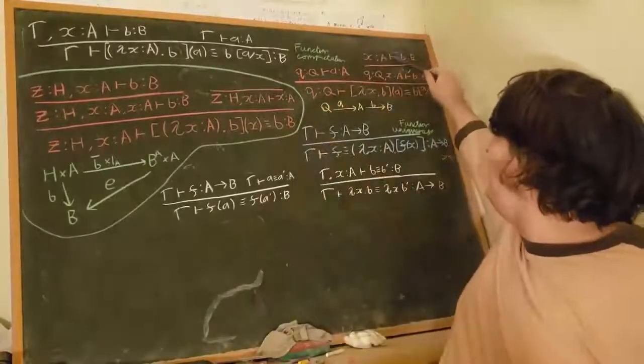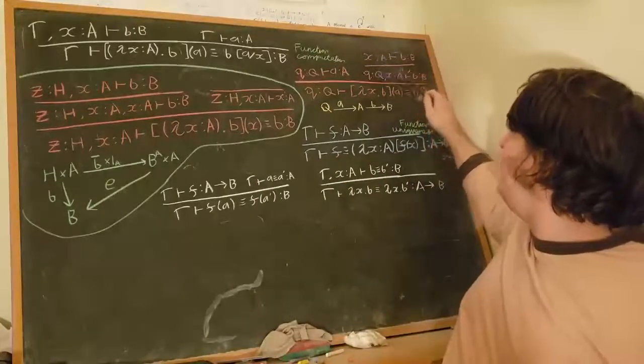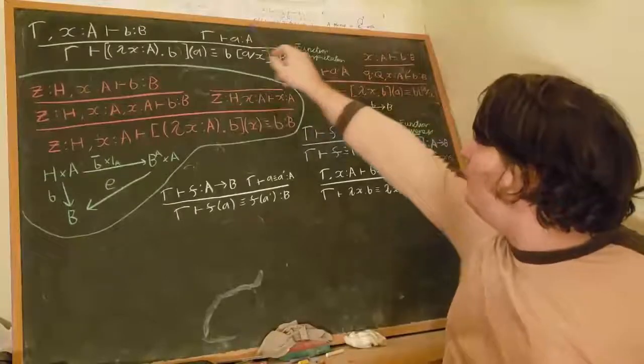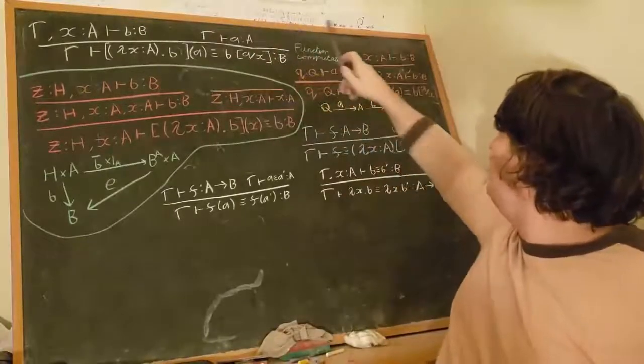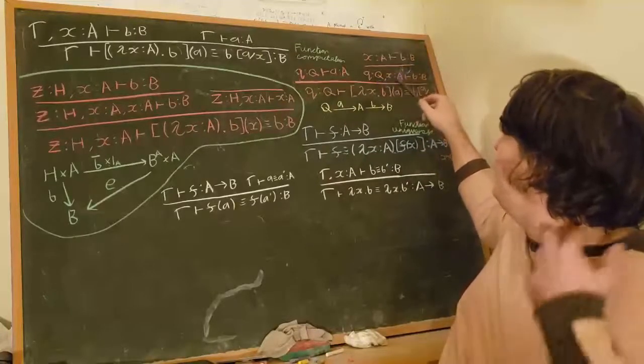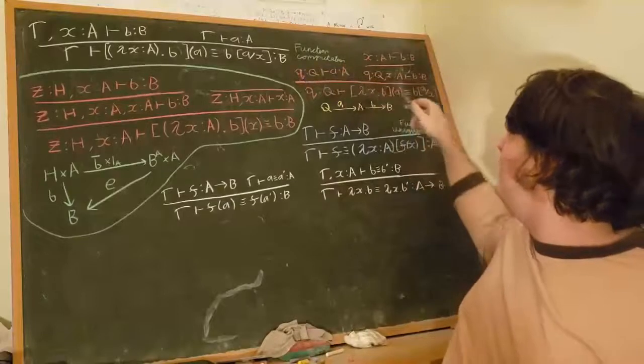So if we take this and we do some weakening, we can introduce a q into the context. And now we have two things that we can apply our function computation rule to. So we can sort of apply this function here with this as our kind of input.